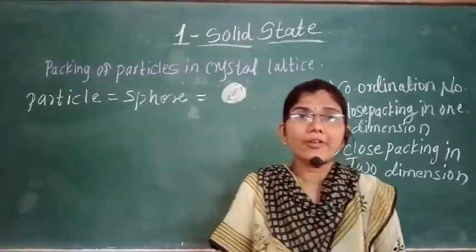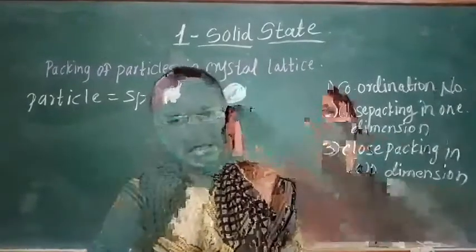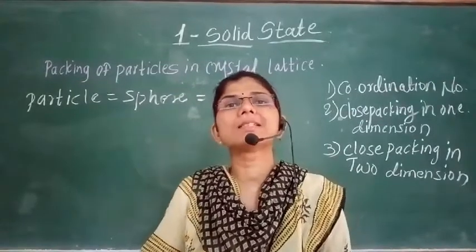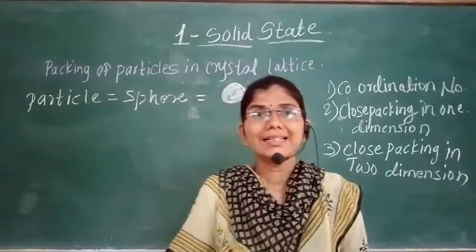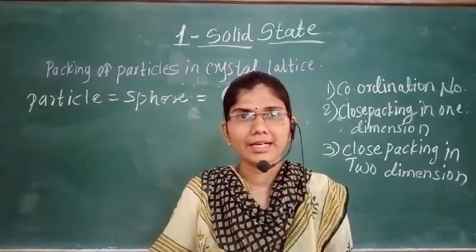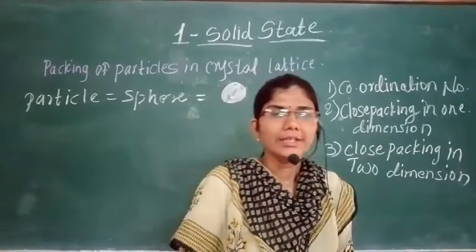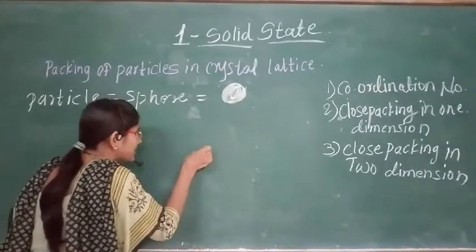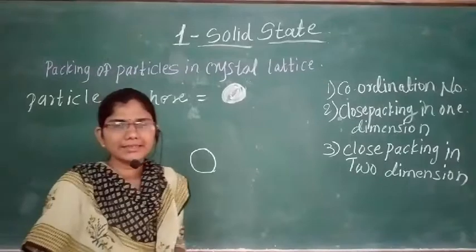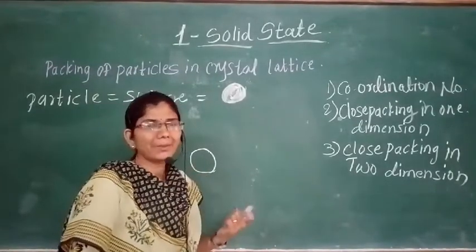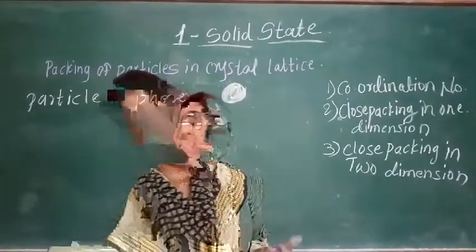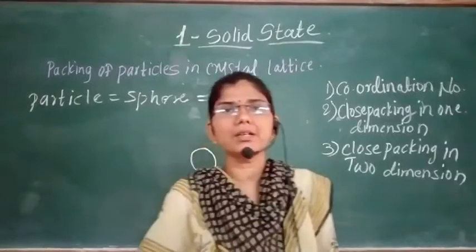As we know, when crystalline solids are formed, the particles are very closely packed. If we have one particle, that means one sphere, considered as a sphere in this closest packing structure, then what is meant by coordination number?